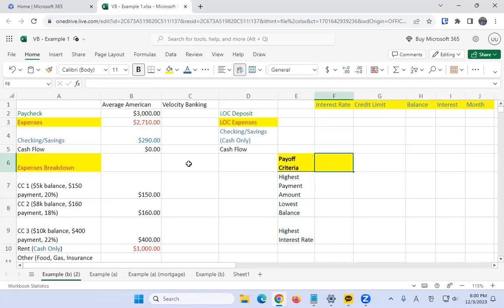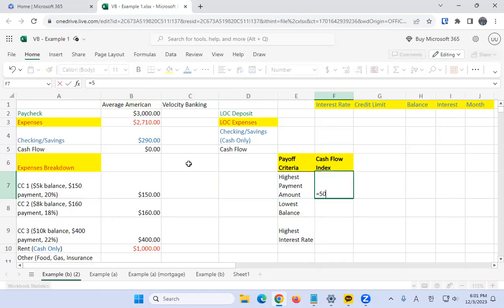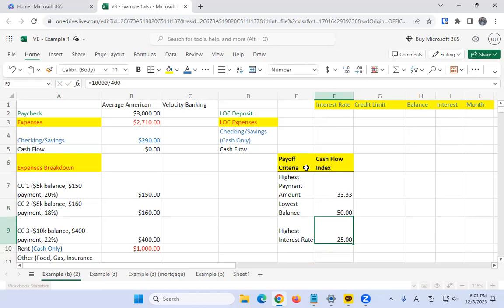Now, if you're lazy like me, you could just use a simple formula called the cash flow index, right? And all it is, is an arbitrary number, and the formula is just the balance divided by the minimum monthly payment. So here it would be $5,000 balance divided by 150, and that's 33.3. Here it would be $8,000 balance divided by 160, and then this one will be 10,000 divided by 400, and that's going to be 25.